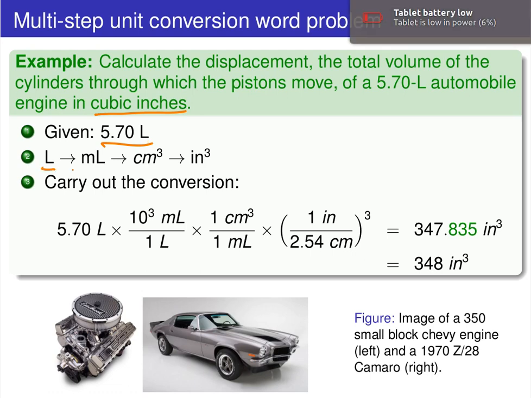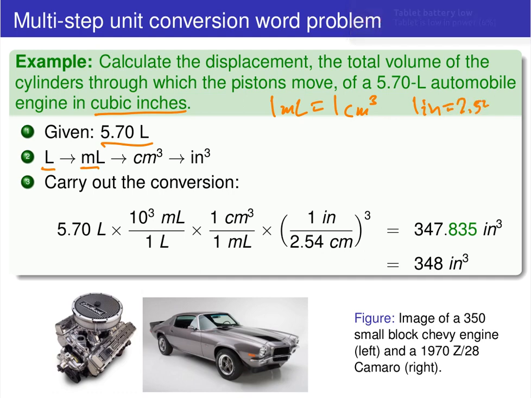We know how to convert from liters to milliliters, and we can convert from milliliters to cubic centimeters using the conversion factor that 1 milliliter is 1 cubic centimeter. And then we saw previously that 1 inch is 2.54 centimeters. So we're going to use that prior knowledge from the previous problems to map out a little pathway.